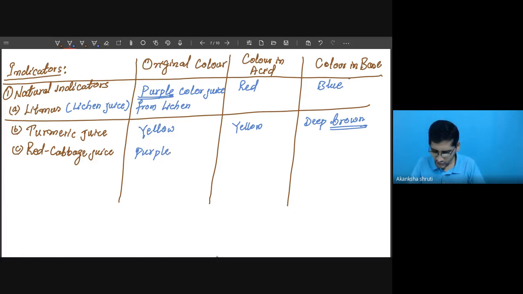It will change into red color in acid and it will give you green color in base. Okay, students? So this thing you have to keep in mind. There is no other way. There is no formula for this. There are certain flower petals. The flower leaf is called flower petals. So petals of flower.